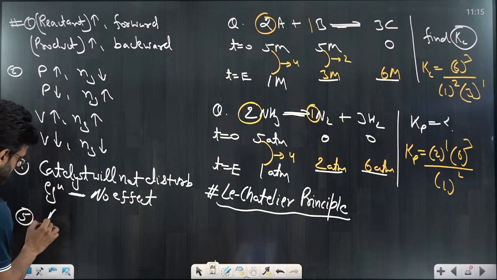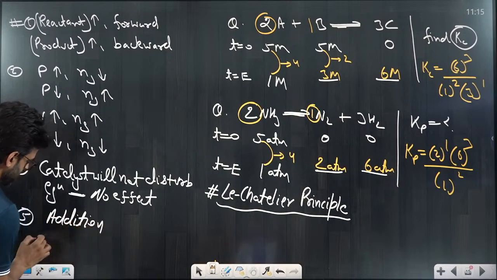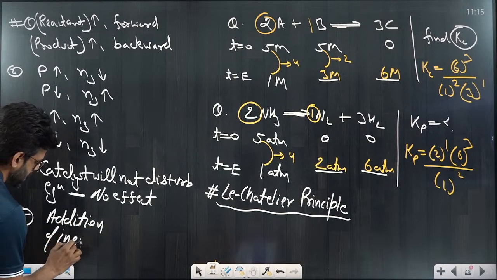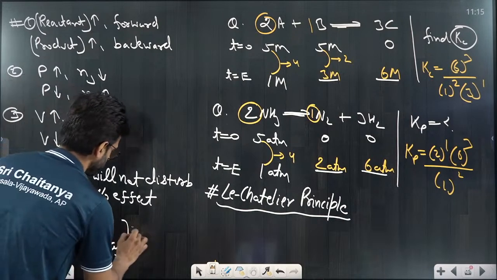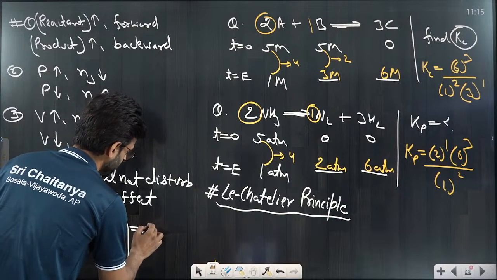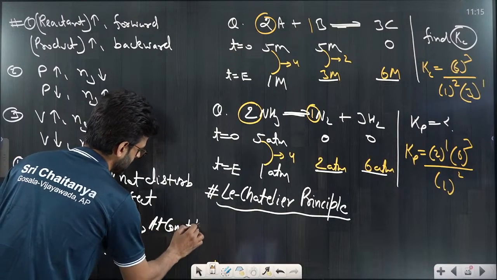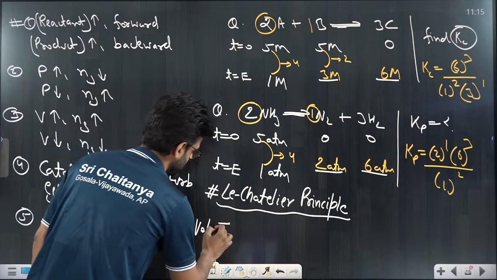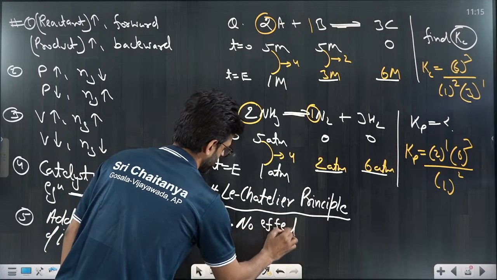Fifth point, addition of inert gas. If you add inert gas, what will you do? If you add inert gas at constant volume, then no effect will come, right?